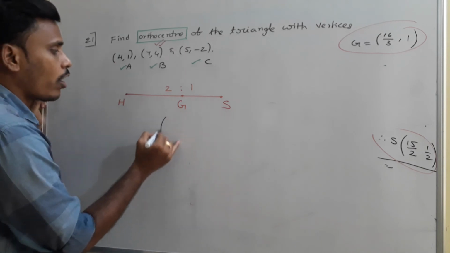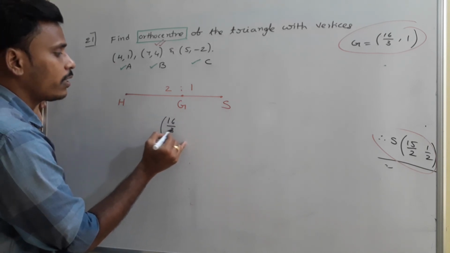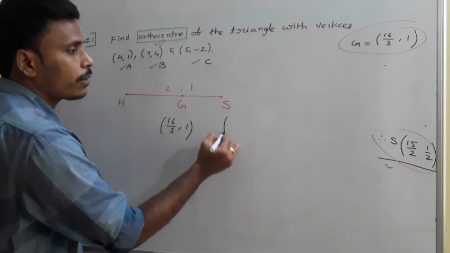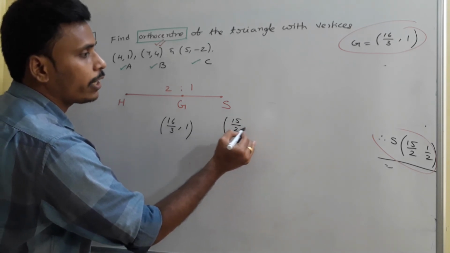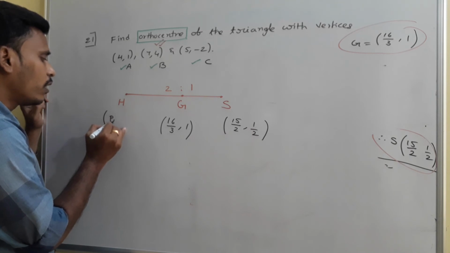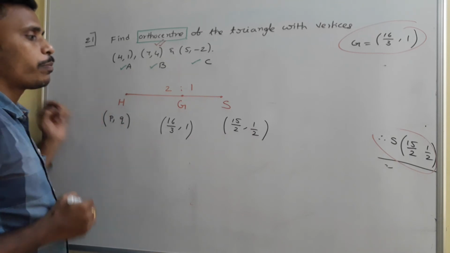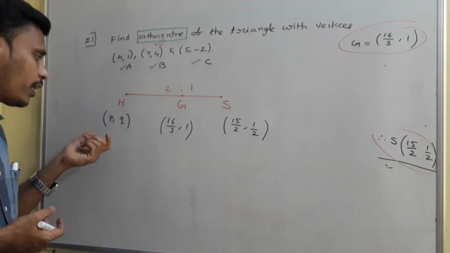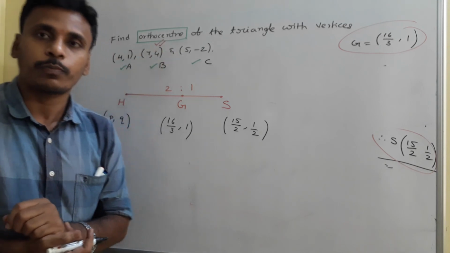This centroid we found as 16 by 3 comma 1, and the circumcenter we calculated as 15 by 2 comma 1 by 2, whereas this orthocenter we need to find, since we don't know it, take it as P comma Q. Now that P comma Q is the required answer for this problem.